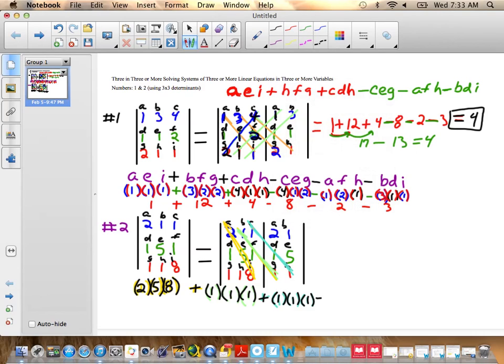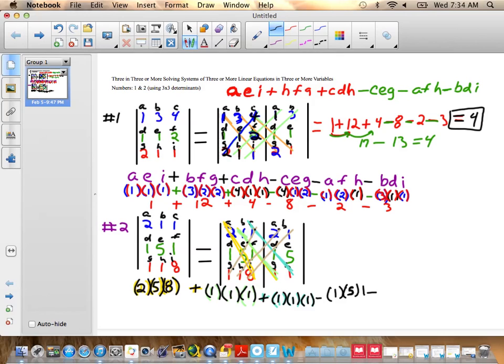So now I go backwards. I went A, B, C. Now I'm going to start at C and go C, B, A, and keep moving in the direction to the right. So I'm going to go C, E, G, A, F, H, B, D, I. So I'm saying minus C, E, G: 1, 5, 1.